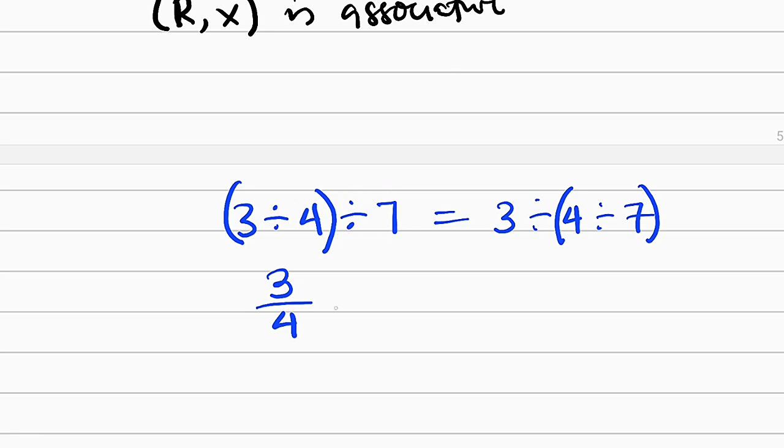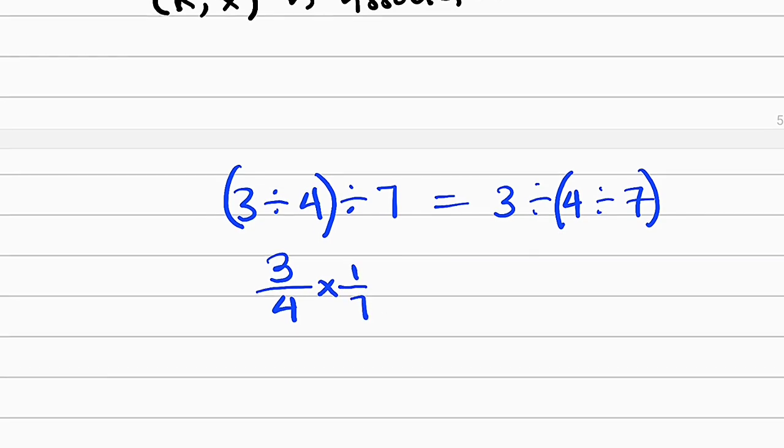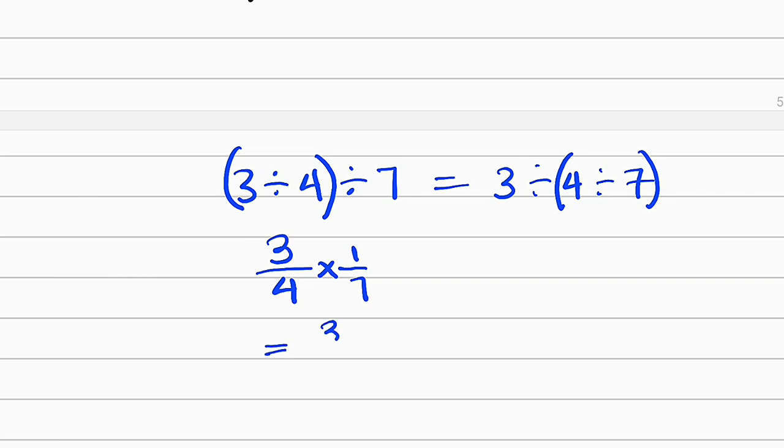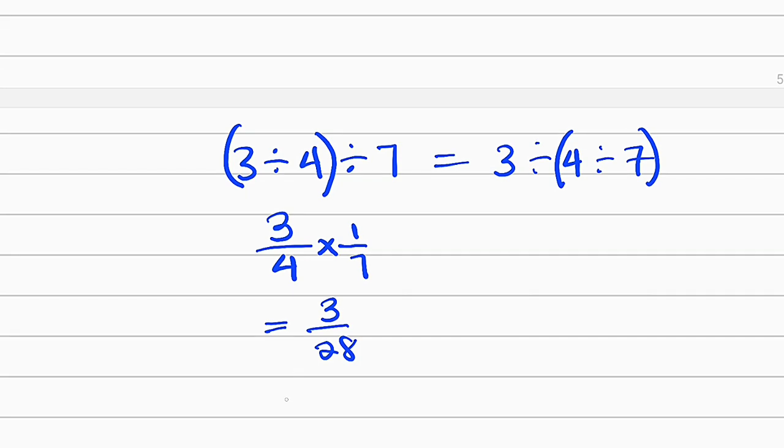And you know division by a number is the same thing as multiplying by its reciprocal. So it's the same thing as multiplying by 1/7. Let me finish simplifying the left hand side. This is 3 divided by 4 times 7, which is 28. You see that? 3 divided by 28 is approximately 0.1071. Let's leave it like this.